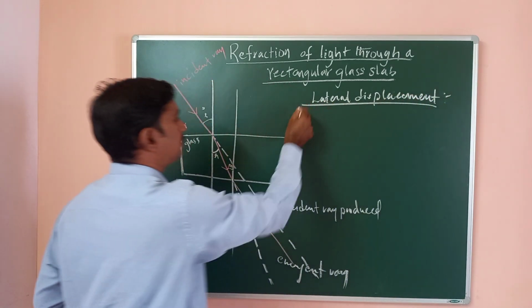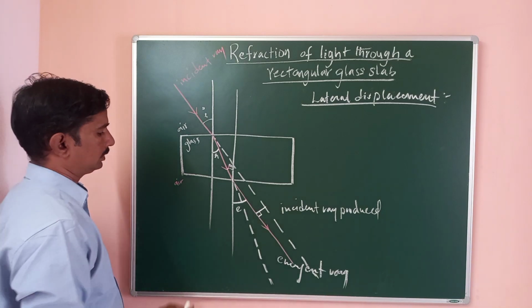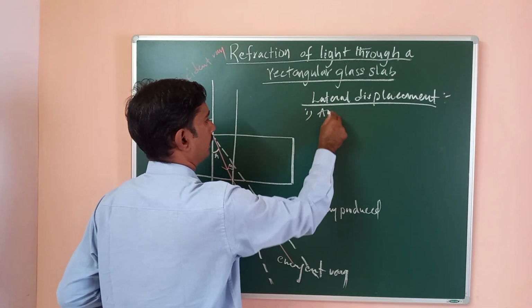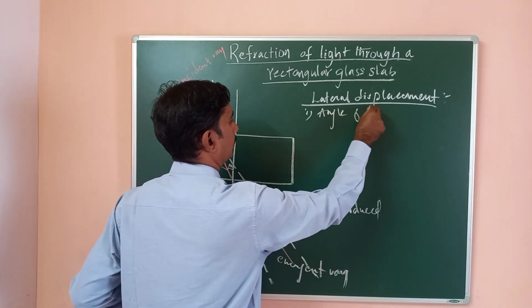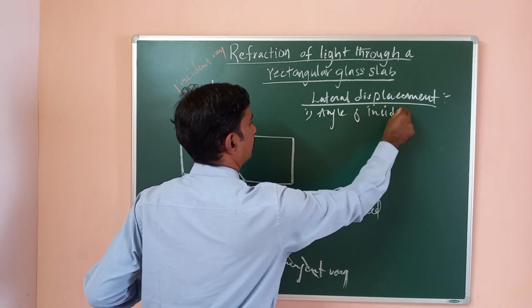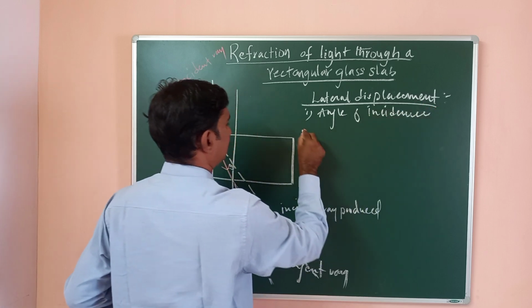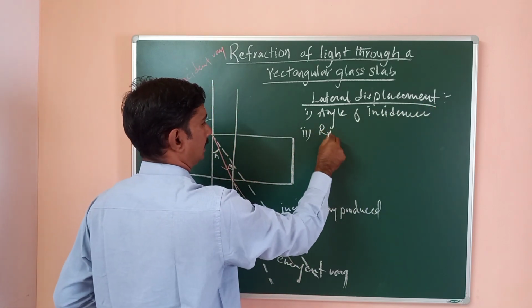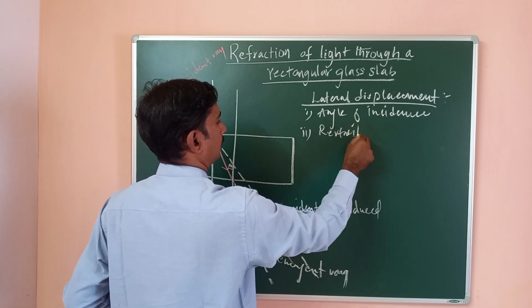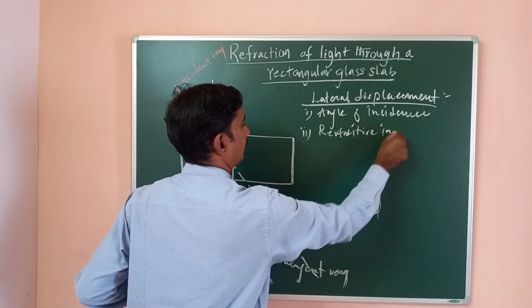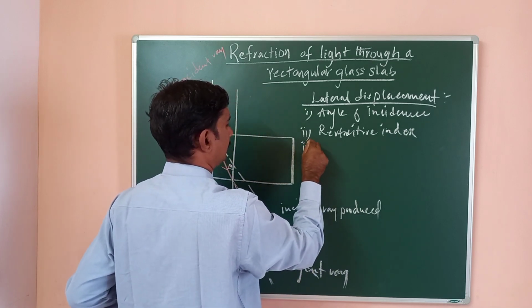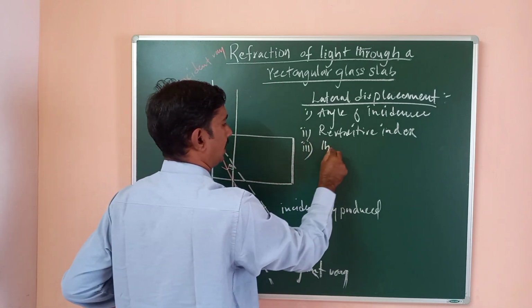This lateral displacement depends upon a few factors. The first is the angle of incidence. The second is the refractive index of the glass slab. The third is the thickness of the glass slab.